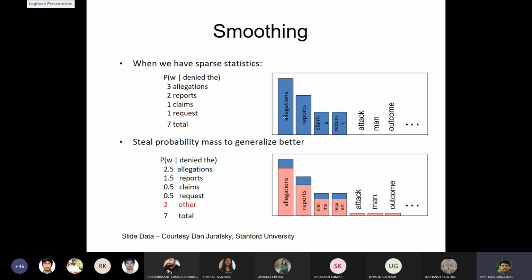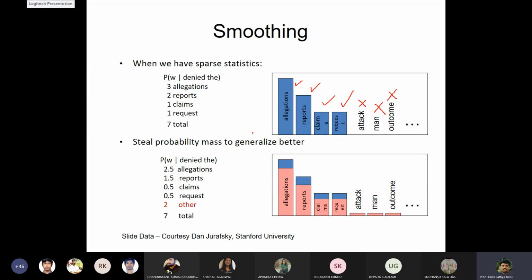We have some count for allegation, report, claims, request, but for denied the attack, denied the man, denied the outcome, we do not have any value. The value here is 0.